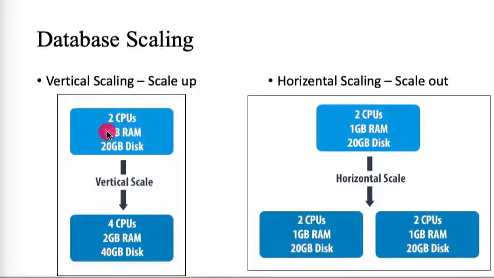So, to handle the requests or the processing, we upgrade this server and install another server having the same database, and this server now has 2 GB, double the RAM, and also 4 CPUs as compared to the previous 2 CPUs. Now this upgradation is known as vertical scaling.